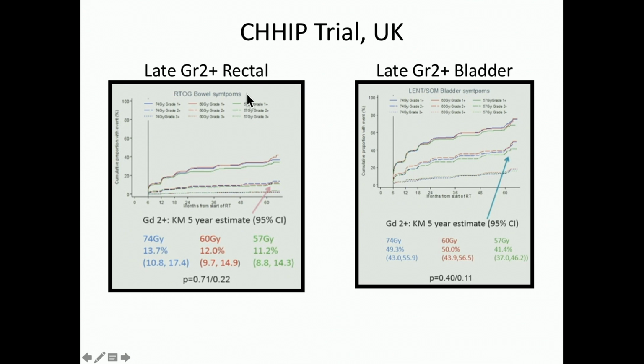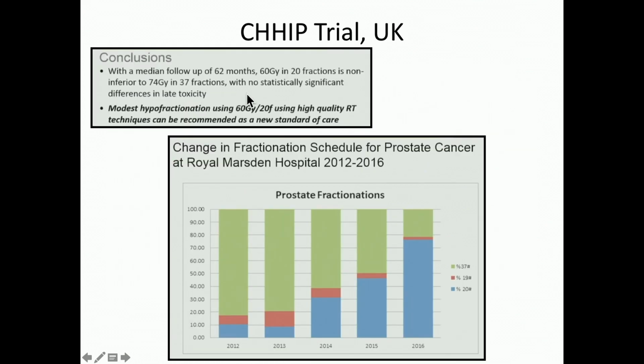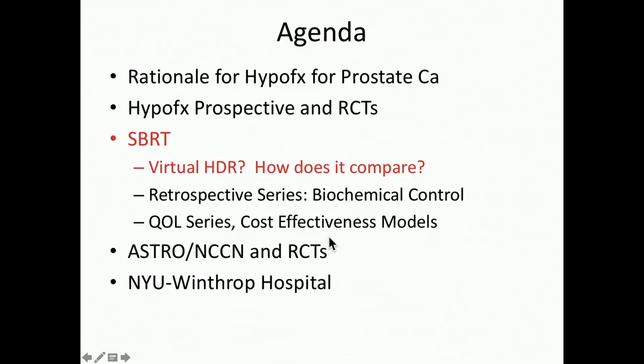There was no difference in late grade 2 rectal or bladder toxicity. And the conclusion from these authors, once again, was that this should be considered a new standard of care for patients who have intermediate risk disease. If you track out the Royal Marsden experience and their patient composition who receive external beam radiotherapy over the years, the 4-week course has become the most predominant form.